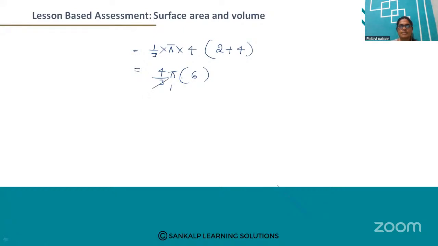So 3 ones are 3, 3 twos are 6, which is equal to 8 pi centimeter cube. This is the volume of the toy. So now calculate the volume of the cylinder.